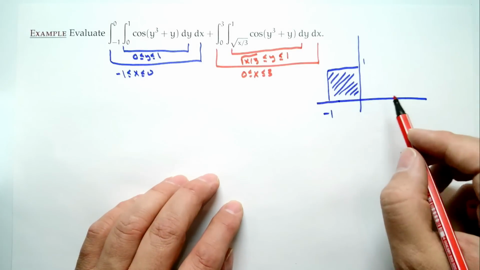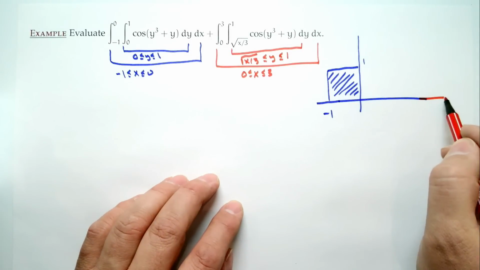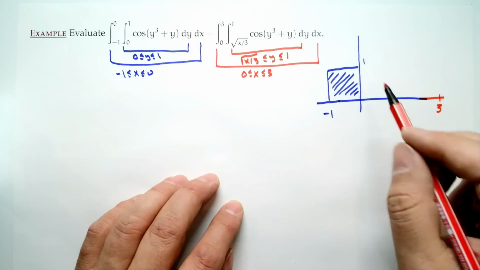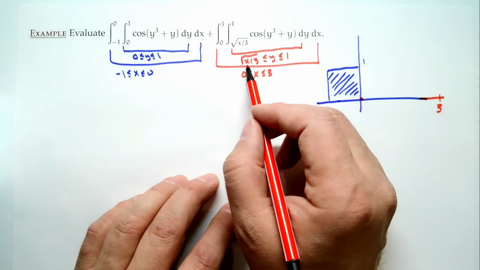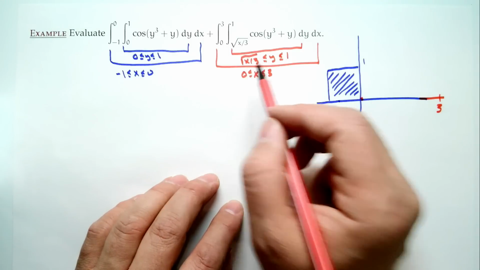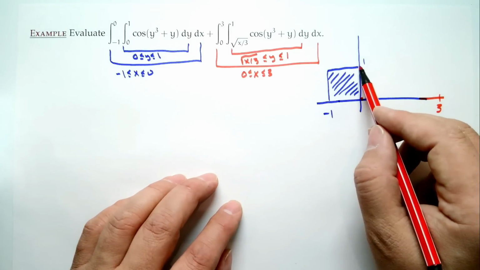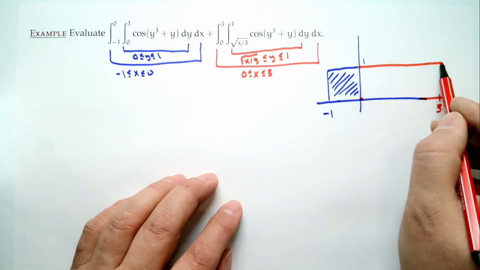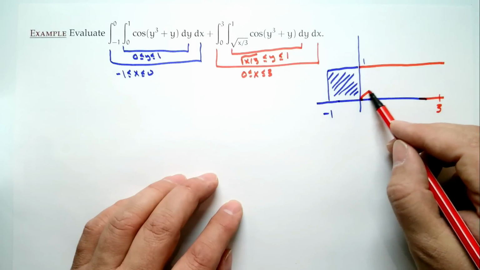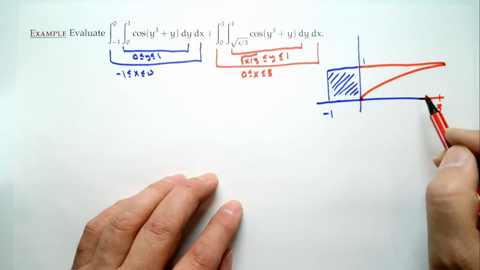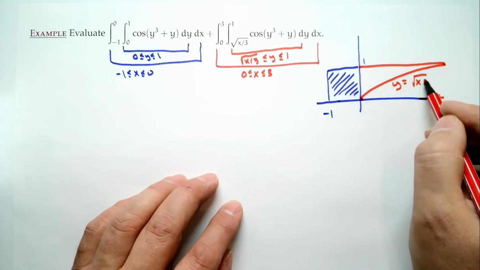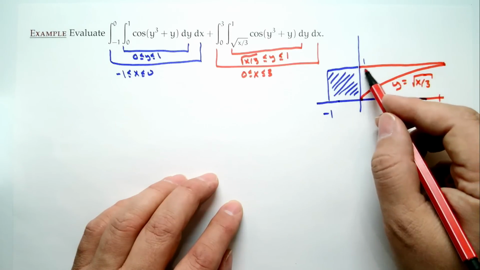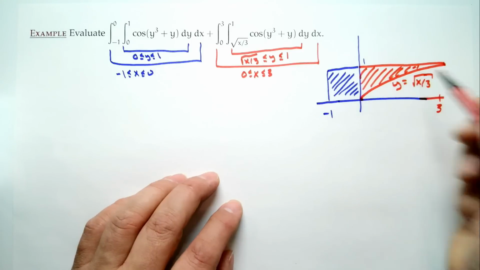So where does that go? Well, let's say 3 is out here, and at x equals 0, I'm 0. At x equals 3, it'll become the square root of 1. Well, that's at 1. Well, that's very convenient, because we're going to 1. So it's doing something like that. So this is the curve y equals the square root of x over 3. And that's the second integral.